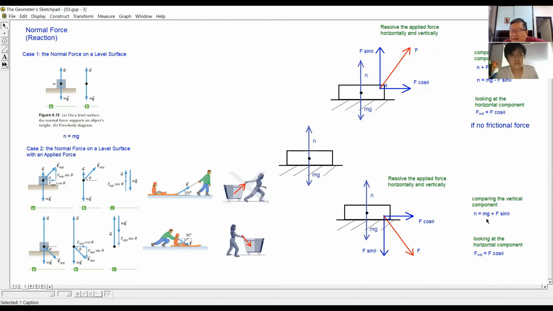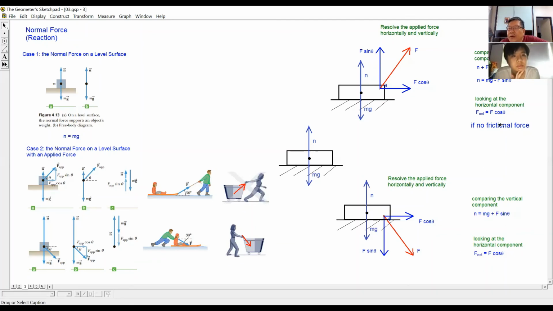So I say that N equals mg plus F sin theta. The force that is up balances the two downward forces. So the normal reaction is more when you push. When you pull, the normal reaction is less, mg minus F sin theta. When you push, it is mg plus F sin theta. So that is the difference. The difference is in the normal reaction of the object, or the normal reaction of the trolley.